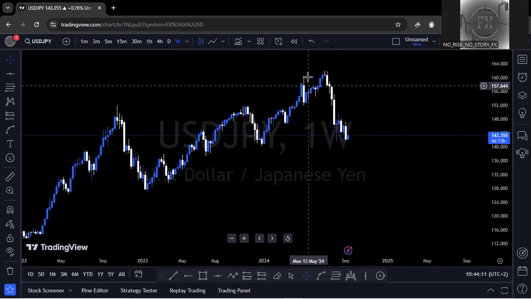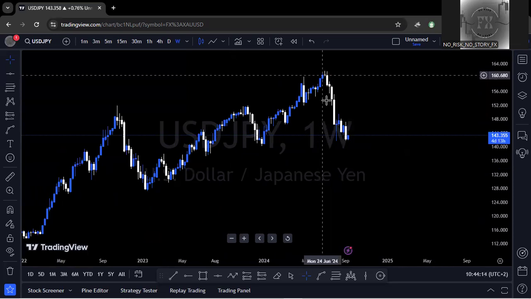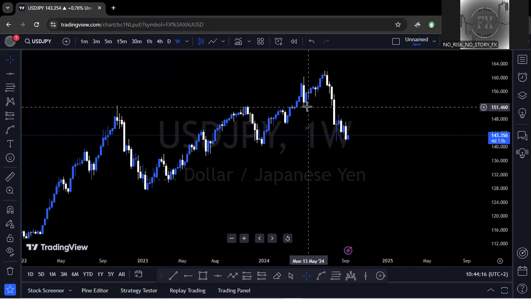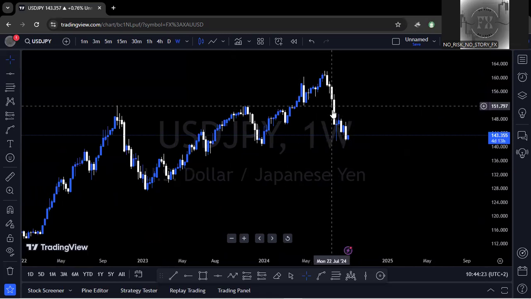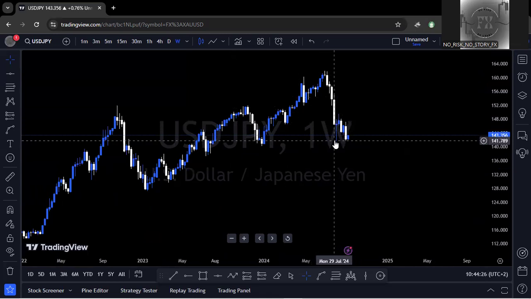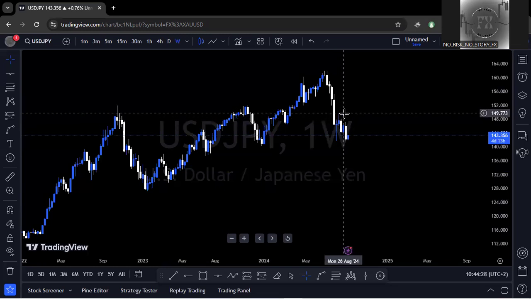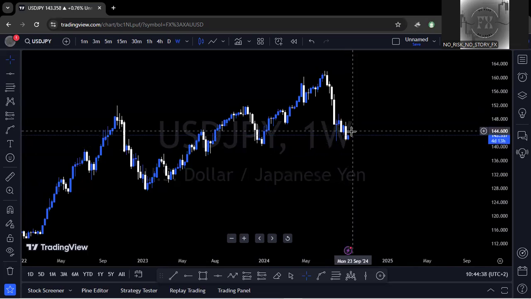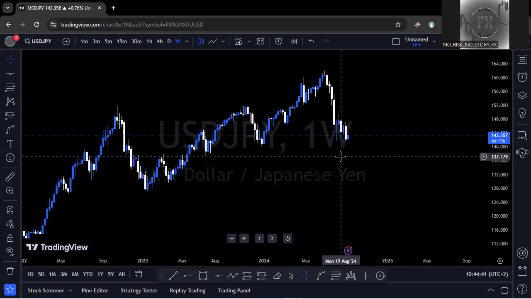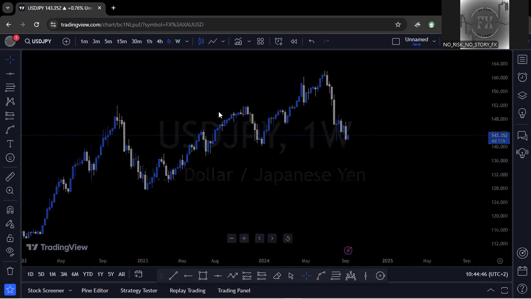You can see this was the last break of structure, and this was the last higher low. We broke that higher low, and then we created a lower low, and here we're creating a lower high. So I think now we might be creating a further lower low, then lower high. Basic stuff. So I'd like to go to my daily time frame.